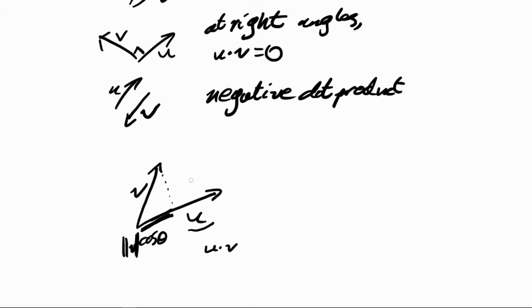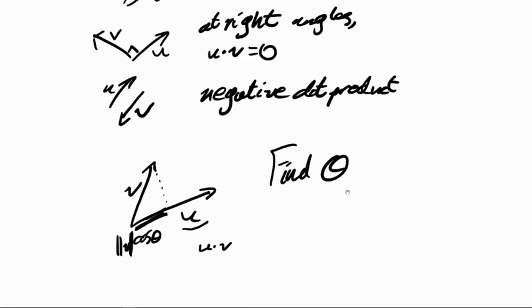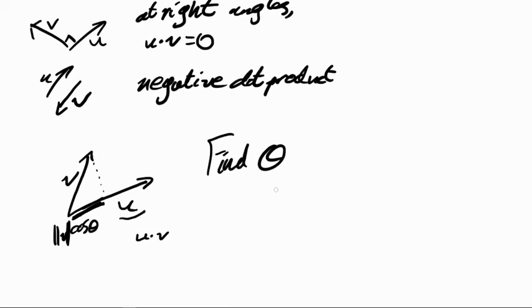Whether you draw the right angle triangle with v as the long edge or u as the long edge, you'll get the same result, which is neat. But the most common thing we'll use the dot product for is finding theta. And now this comes on to the normal vectors I mentioned earlier. If we use two normal vectors, then the dot product is cosine theta, which is really convenient.